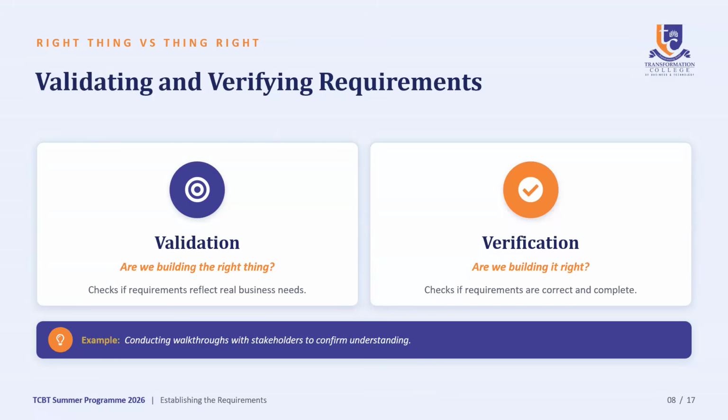Verification checks if the requirements are correct and complete, right? So we're looking at what's your requirement really, and what's the quality of our solution for your requirements? Are we clear on what you really need, right? Have you properly articulated to us what your problem is, right?